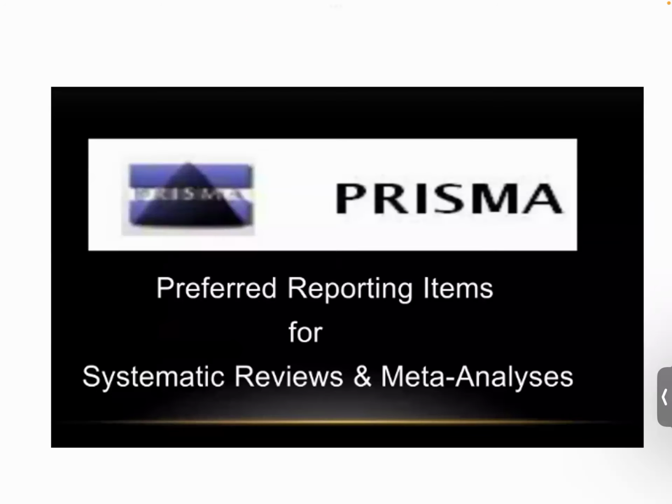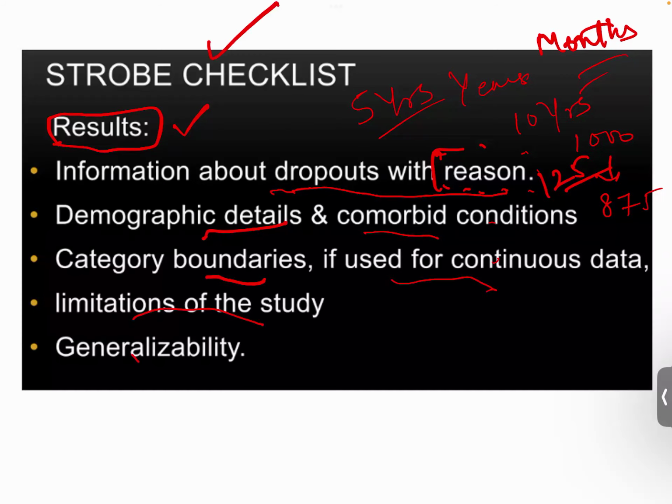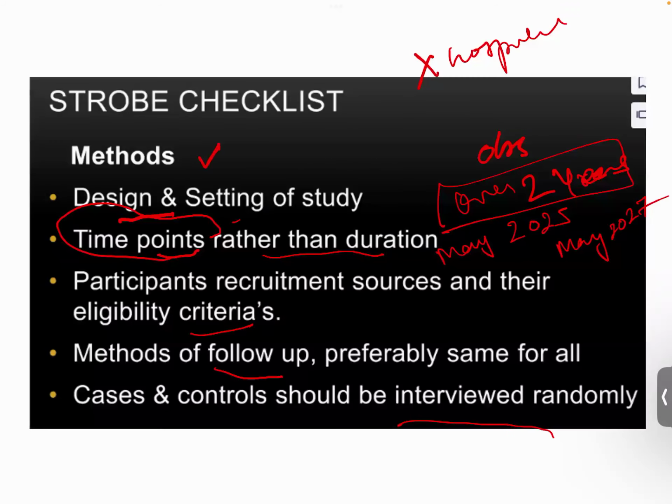So this is all for the STROBE guideline. If any question is coming to your mind, I can discuss now. This is the easiest way I have introduced you to these different reporting guidelines.